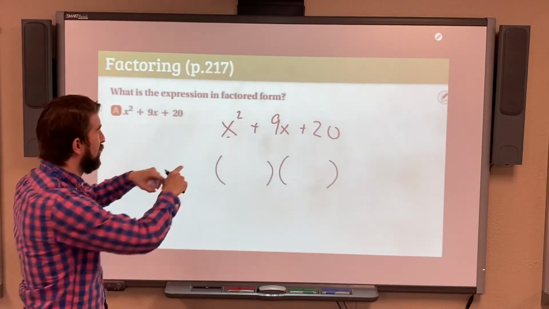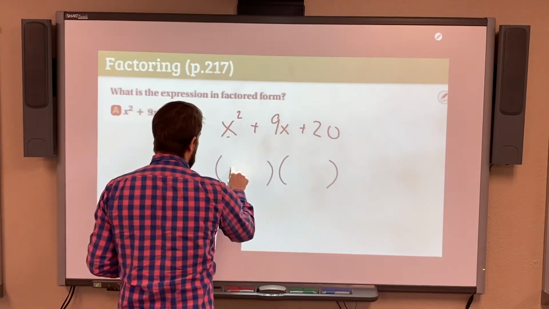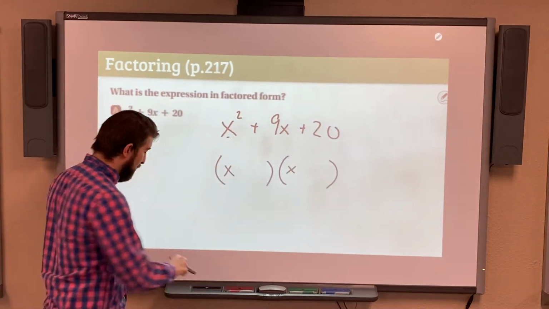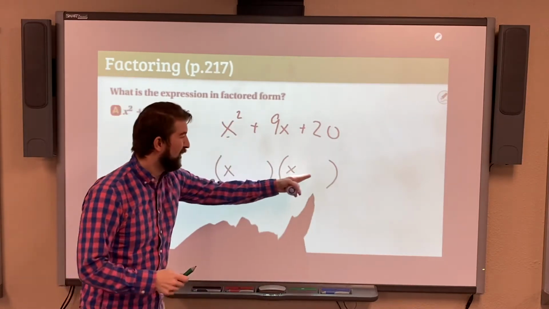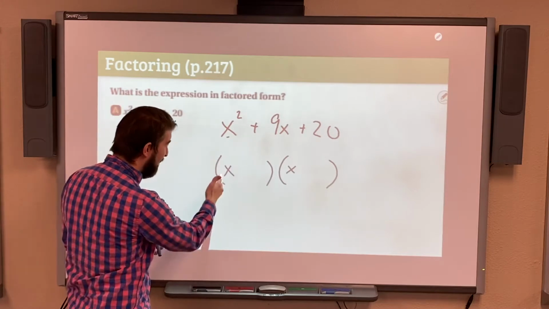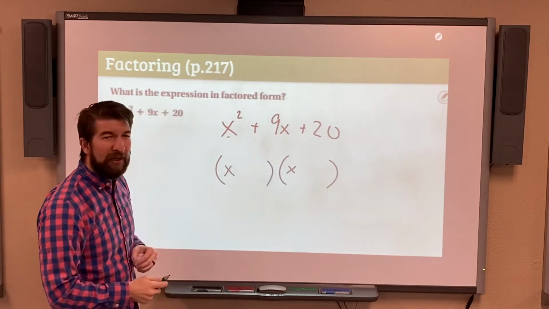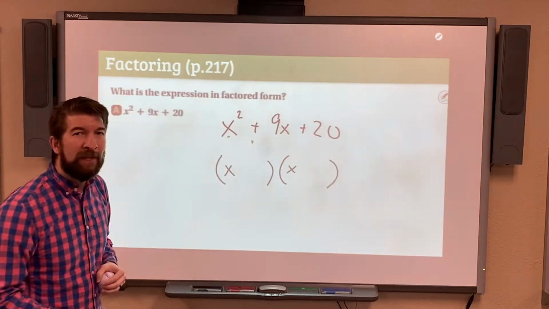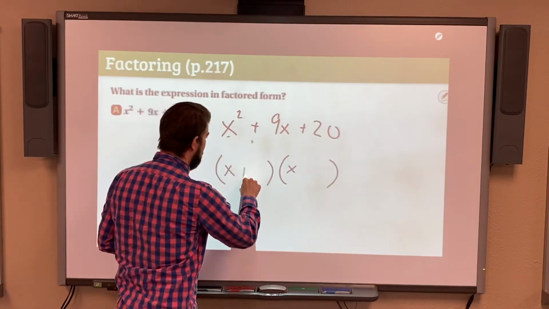Since there's just two x's, it's like x times x, so I'm putting an x here and an x here. The next thing we need to know is what symbols to put here: an x, a symbol, either a plus or minus, and a number. The first symbol is always going to drop. This is a plus sign, so it's dropping.